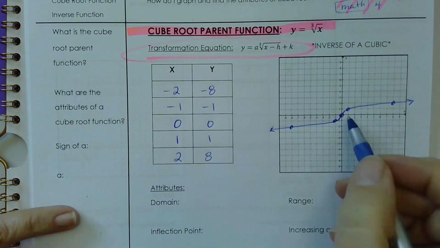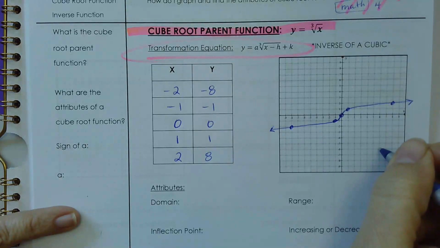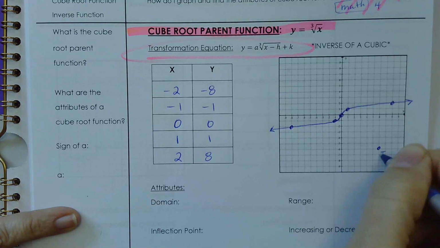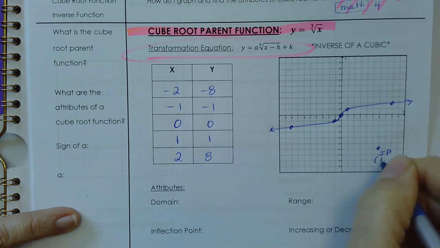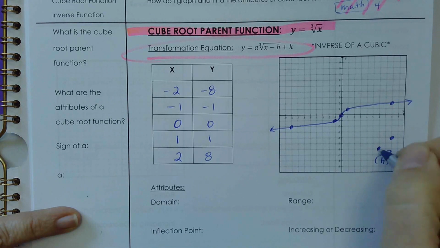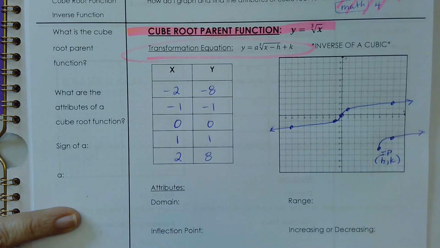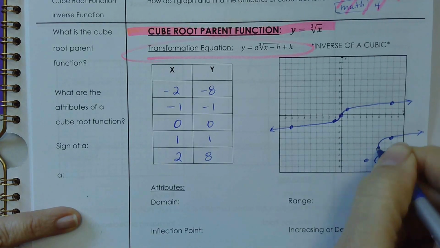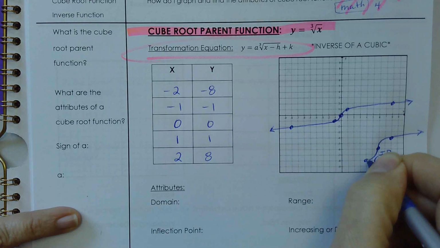Again, from the middle here, what's actually going on is I have an inflection point, IP, which is H, K, and your graph is curving this way, curving on the bottom.